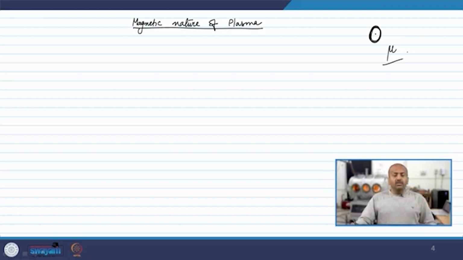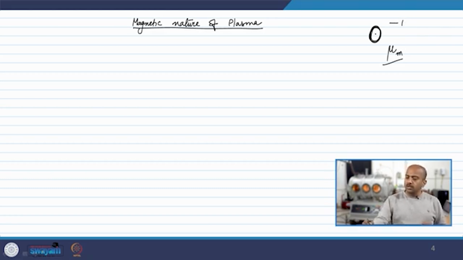Now, let us say we consider a plasma which is subjected to an external magnetic field. We can naturally consider the plasma with a magnetic permeability, let us say something like mu m. Okay. So, at the end of this we are just going to conclude that plasma is basically a diamagnetic material. We will see how it is a diamagnetic material.